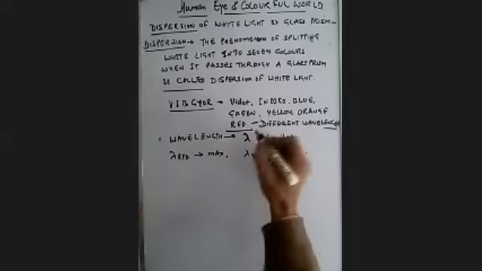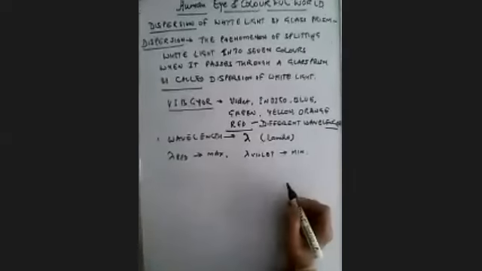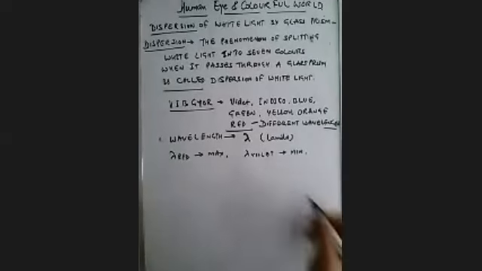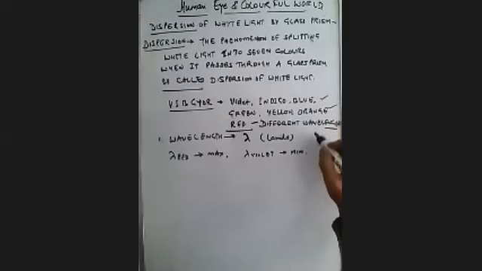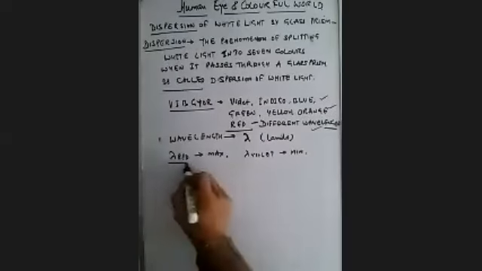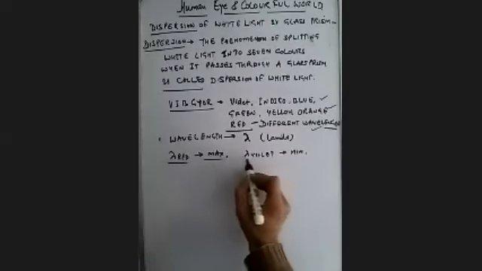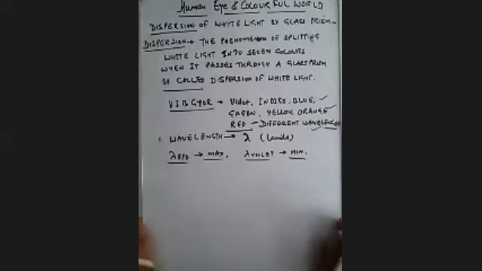And all these different colors lie in between. So that is the composition of white light: 7 different colors of different wavelengths, such that the wavelength of red color is maximum and the wavelength of the violet color is minimum, and all the different colors lie in between.